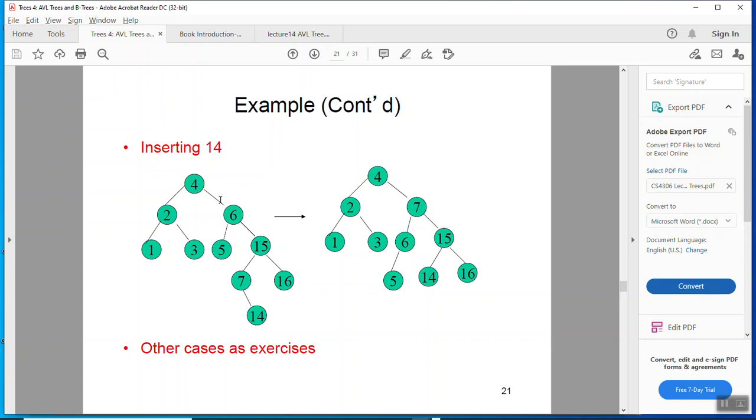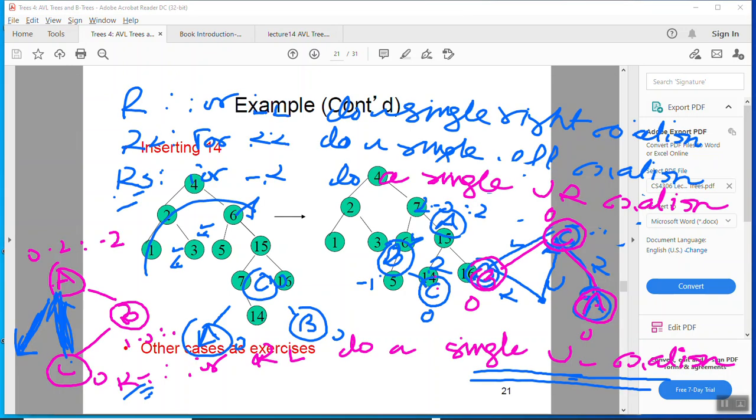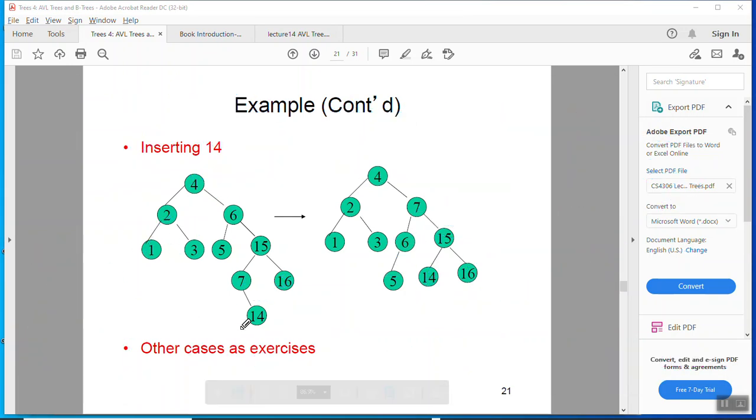Let us check what the position is where the problem occurs over here, right? This balance factor is 0, this balance factor is 0 minus 1, that is negative 1, this balance factor is 0, and this balance factor is 2. This side is 2 minus 1, that is 1, and this balance factor is 0, this is 0, this is 0, and this balance factor is 1 minus 1.